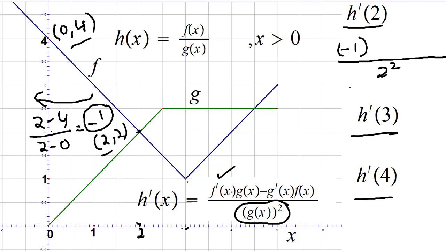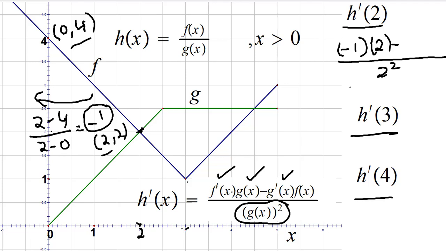And then we have to write the value of g at 2. And how much is g at 2? That is simply 2, if you just read it from the graph right here. And then we have minus the derivative of g at 2. Here is g.